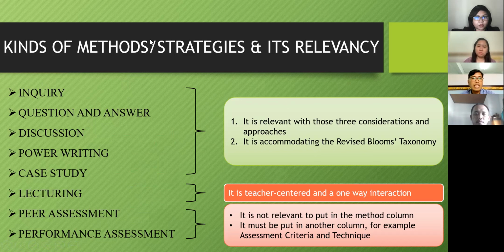So if it is looked at from the three considerations just now, students' characteristics and level, and course descriptions and learning outcomes, and also the three approaches, self-directed learning, communicative language teaching, and task-based learning, these 5 methods and strategies are relevant to be used as the teaching strategies or methods in the syllabus.